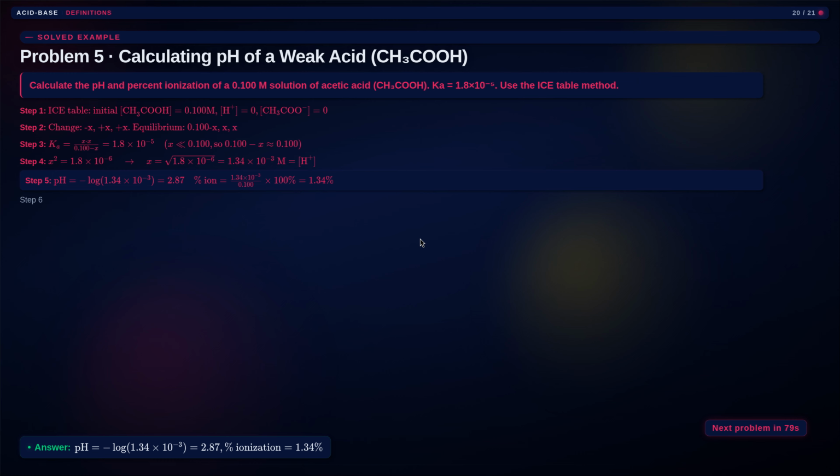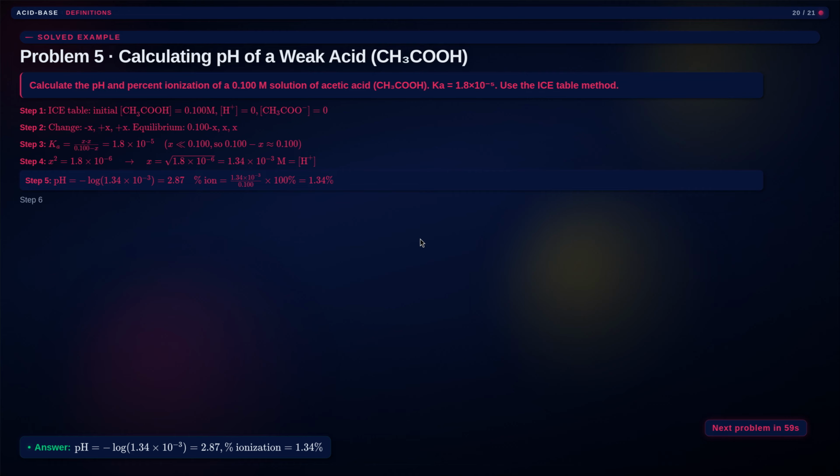Step 3. Ka equals X squared over 0.100 minus X equals 1.8 times 10 to the minus 5. Assume X much less than 0.100. Step 4. X squared equals 1.8 times 10 to the minus 6.